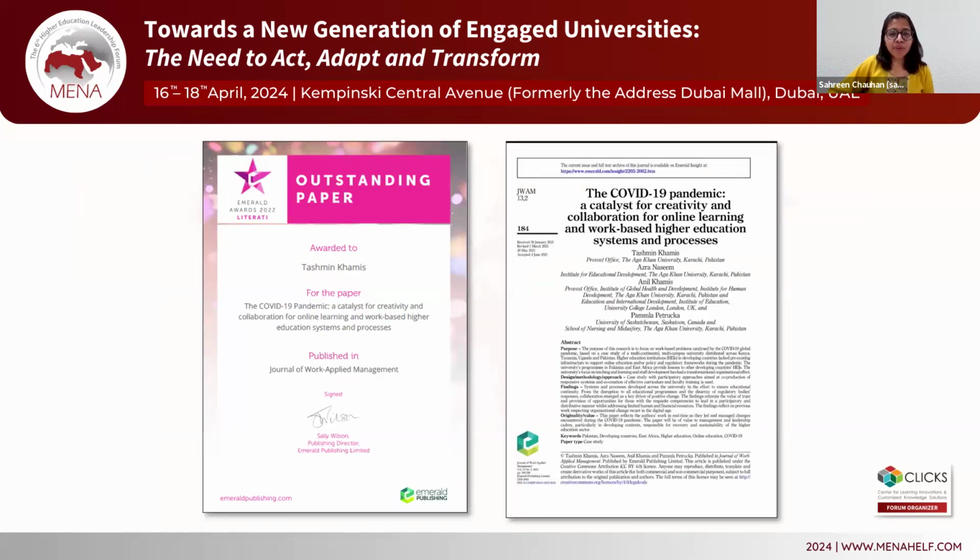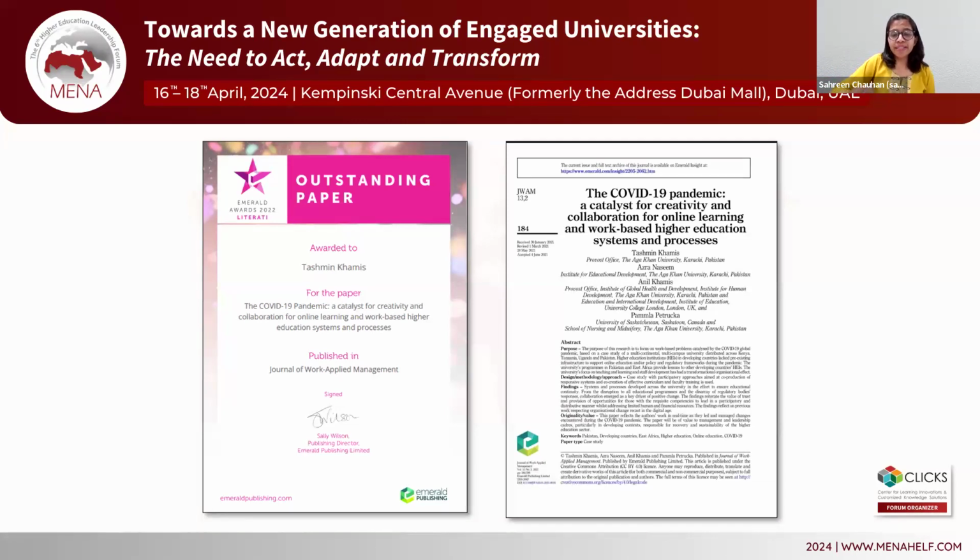So what happened during the pandemic? We noticed that our teaching champions were really instrumental in helping our network and their peers move from face-to-face to online teaching. A peer-reviewed journal paper documenting this process was awarded the best paper in 2022.